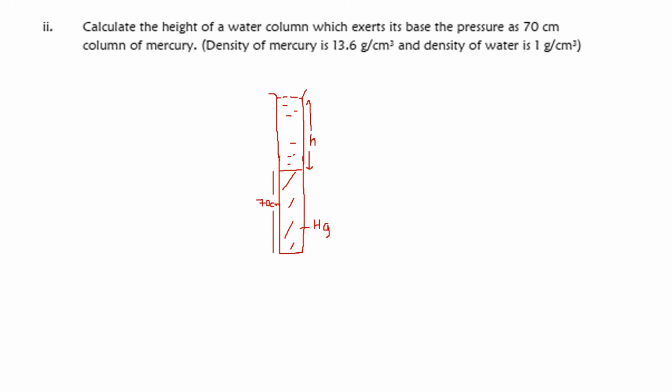For the time being, let's just call it hw. We don't know it. But we are told h of mercury is 70.